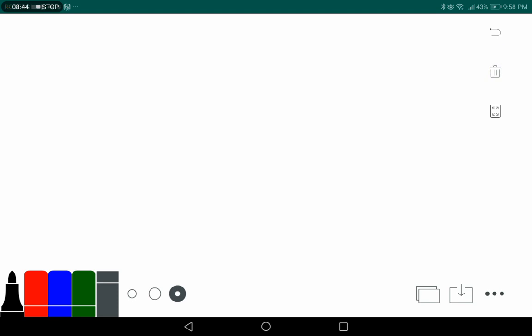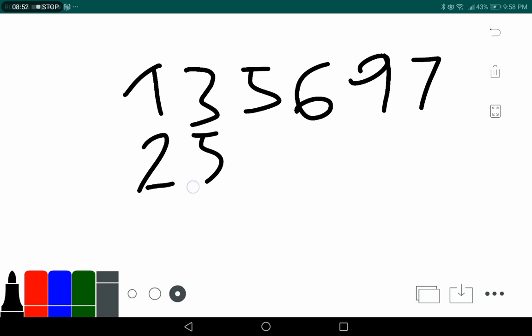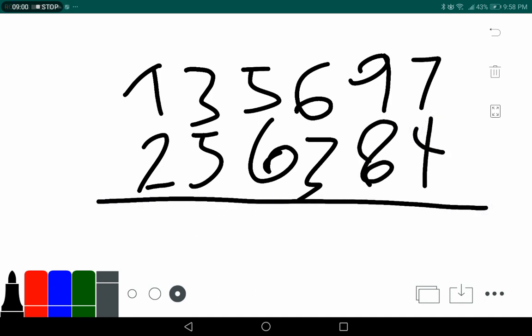But let's have a random question. 1, 3, 5, 6, 9, 7, 2, 5, 6, 3, 8, 4. Simple. Very simple. If you just divide it into simple steps. 7 plus 4 equals 7 plus 3 plus 1. 7 plus 4 equals 11.